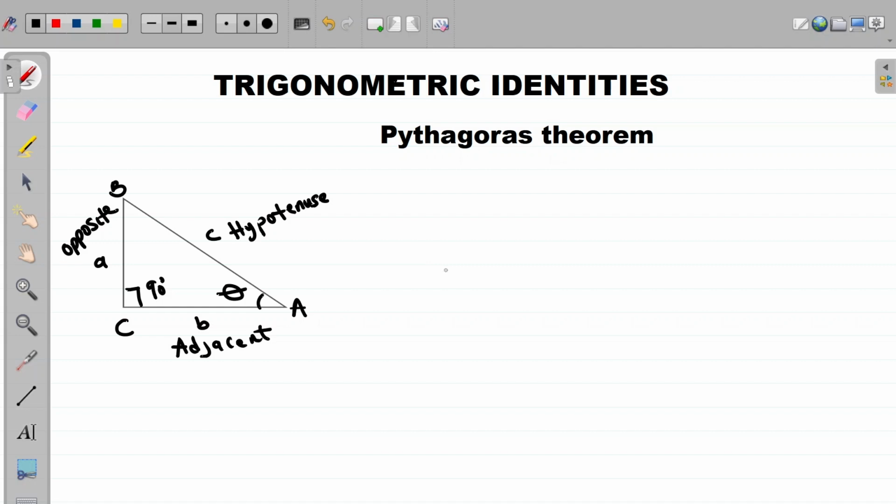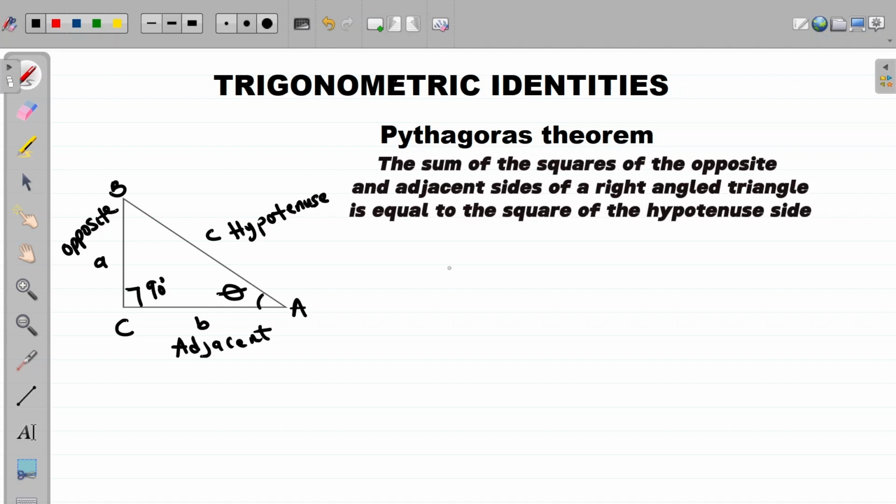Now, let us consider the Pythagoras Theorem. The Pythagoras Theorem states that the sum of the squares of the opposite and adjacent sides of a right-angled triangle is equal to the square of the hypotenuse side.